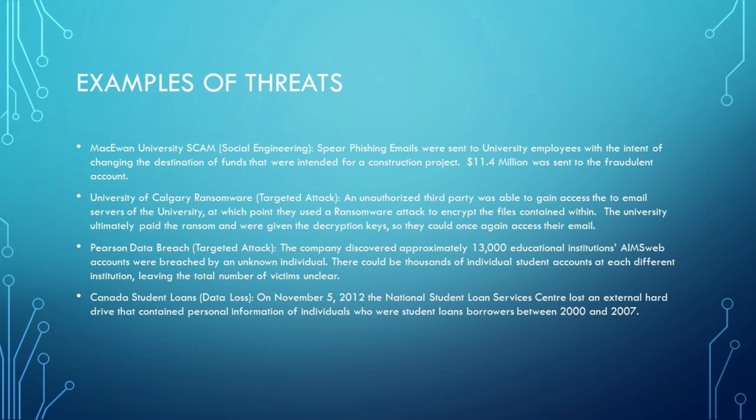Several payments were made to the new payment method, and subsequently, $11.4 million was sent to the wrong recipient. This is an example, a pretty bad one, of how a spear phishing email was accepted as truthful by the recipient and then acted upon without verification with the construction company, that this was indeed their new email address and the payment methods having been changed.